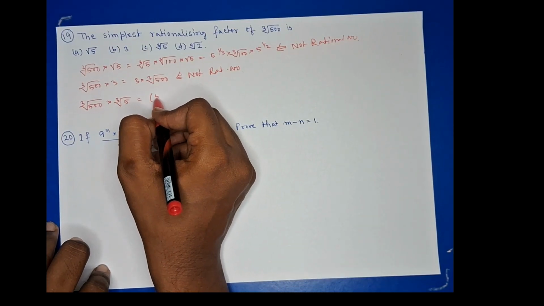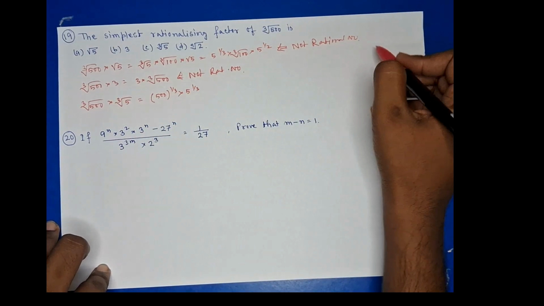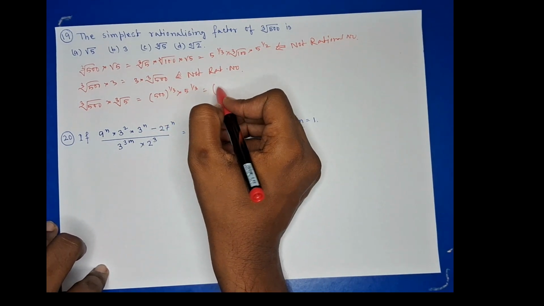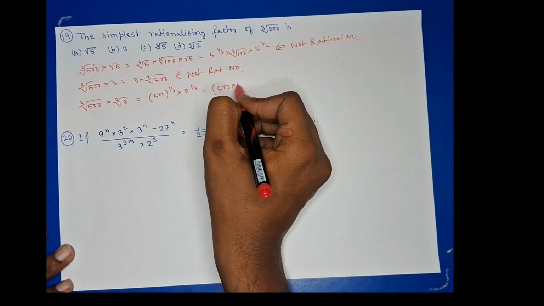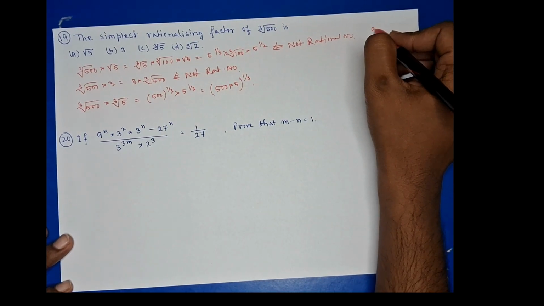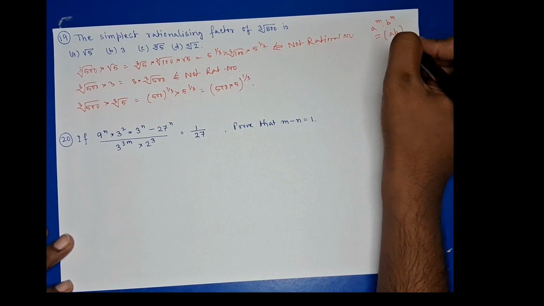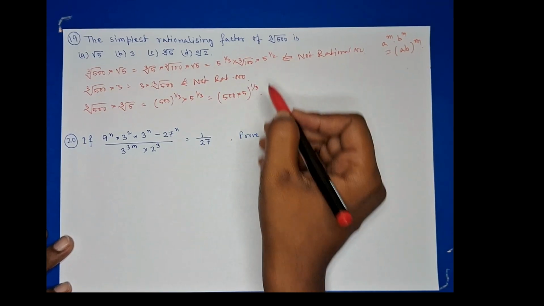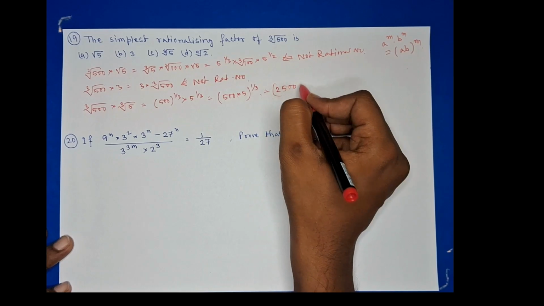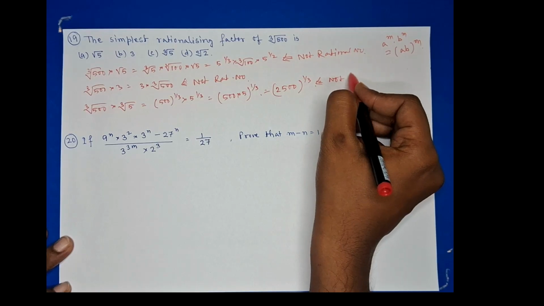So 500 to the power 1 by 3 into 5 to the power 1 by 3 is 500 into 5 whole to the power 1 by 3. We have learned the formula a to the power m into b to the power m is ab to the power m. So this is 2500 to the power 1 by 3. This is also not a rational number.